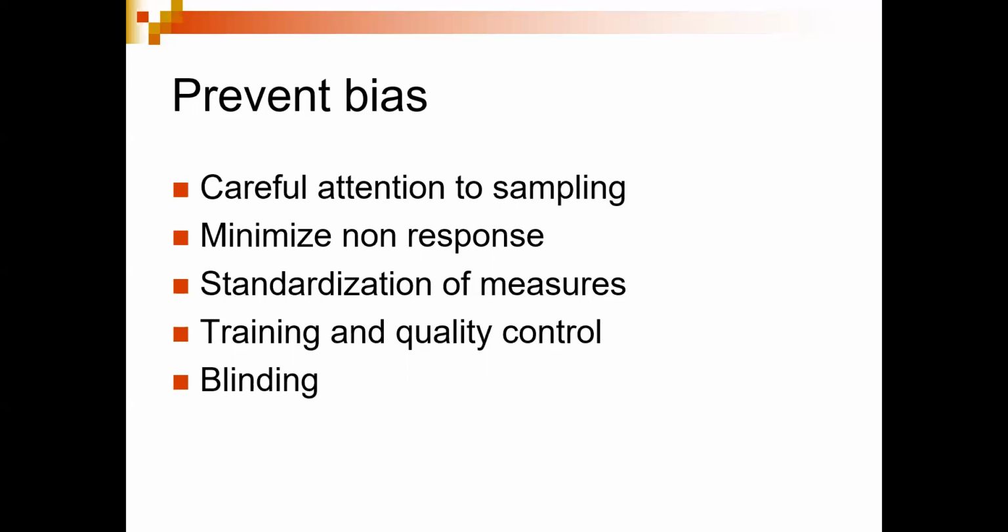Garbage in, garbage out. Then remember, we talked of selection bias, with non-response as an example. So you need to make sure you minimize non-response. One very critical thing in terms of non-response is to collect the characteristics of those who don't respond. You then compare the non-responders with those who responded.